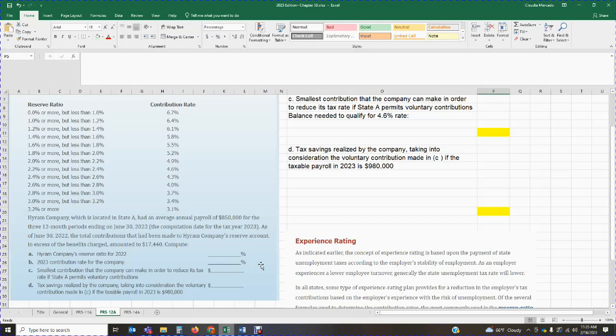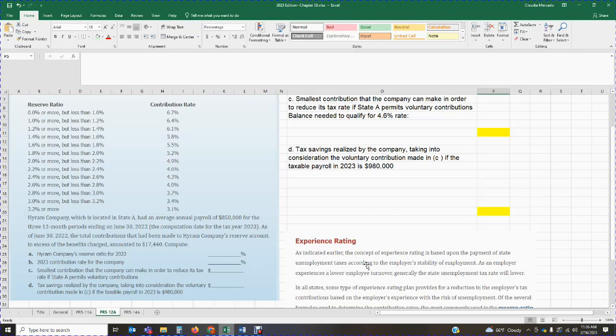As of June 30th, 2022, the total contributions made to Hiram Company's reserve account in excess of the benefits charged amounted to $17,440. So the $17,440 represents what we have in the reserve account already, excluding any benefits paid. That is what we have sitting in our reserve account at the moment. Requirement A: Hiram Company's reserve ratio for 2022.